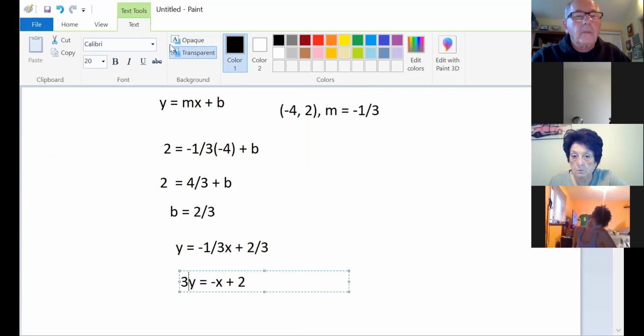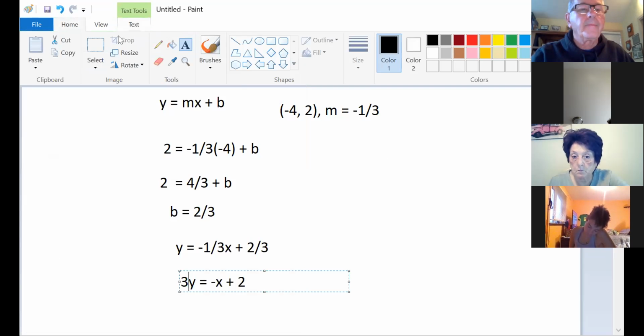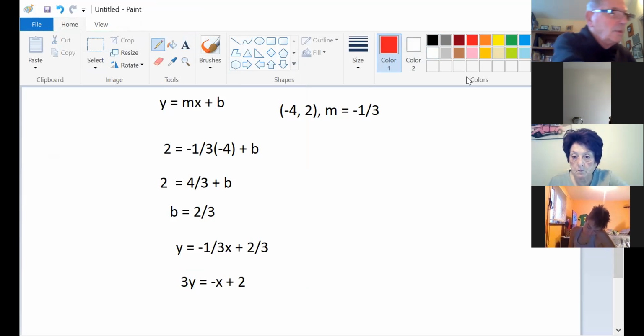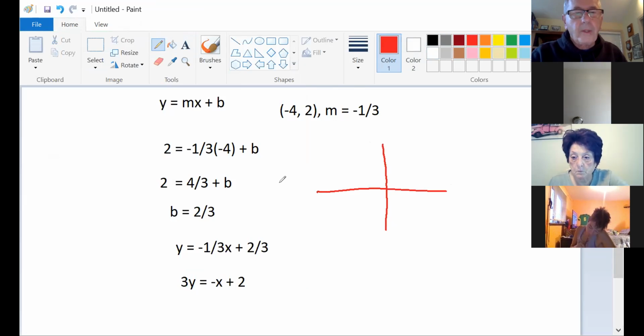Just going to rewrite it like this. So graph form looks like this. I just put this form right here. That's what I want to use. So it's going to cross at 2/3.